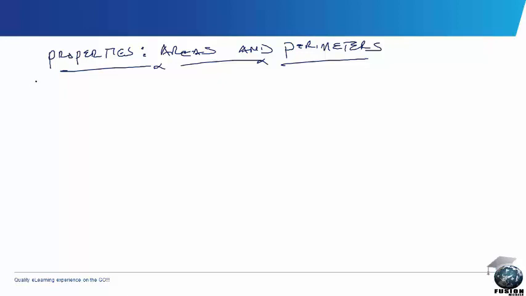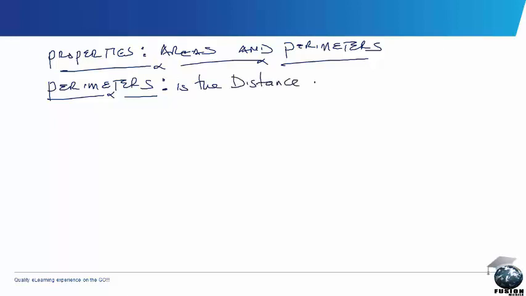We'll start with perimeters. We define the perimeter of a plane figure as the distance around the figure.